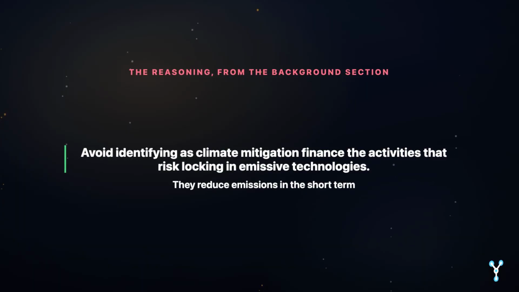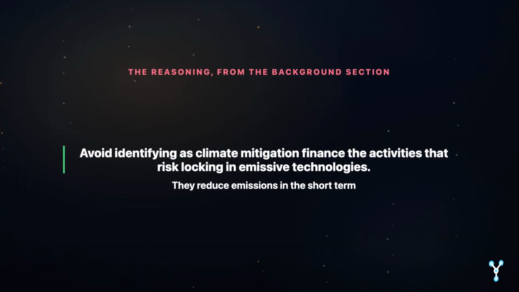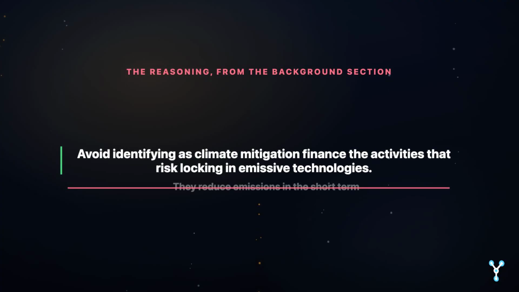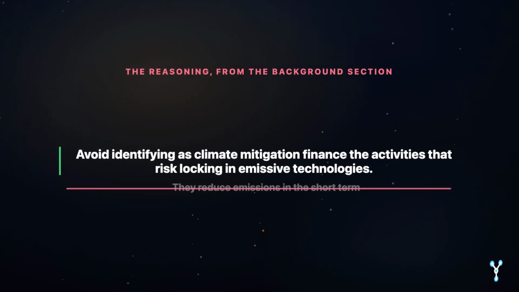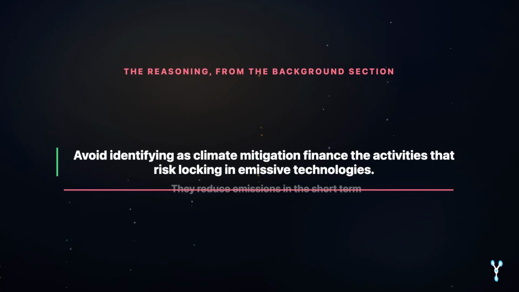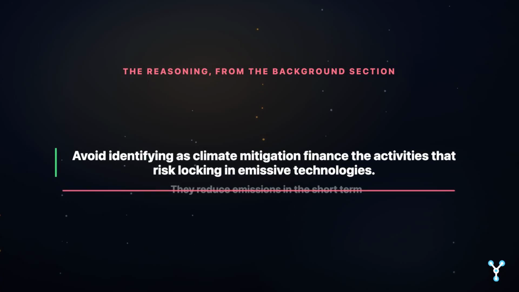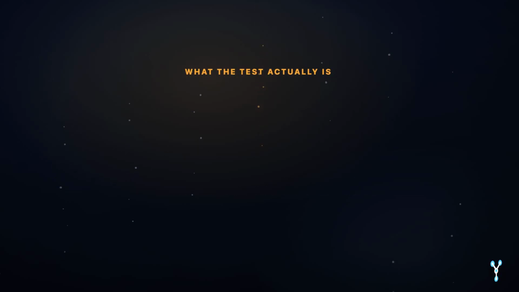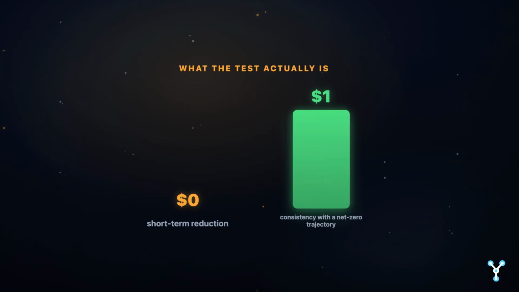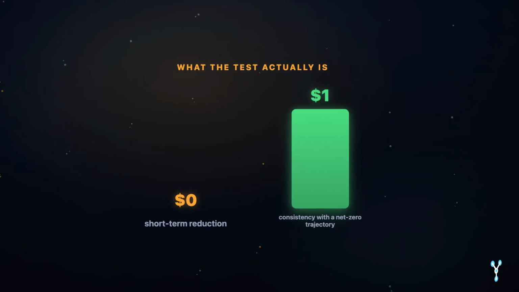Updating the principles involved avoiding identifying as climate mitigation finance those activities that, despite reducing emissions in the short term, risk locking in emissive technologies over long periods and run counter to the structural changes needed. So an activity that cuts emissions today can still fail. Short-term reduction is not the test. Consistency with a net zero trajectory is.